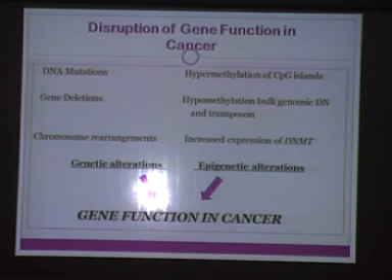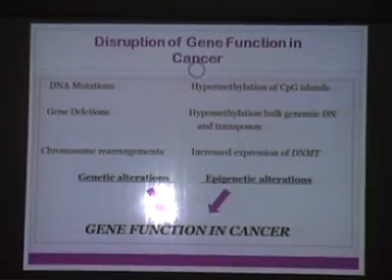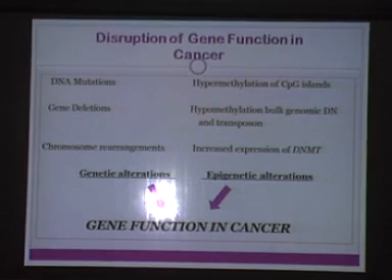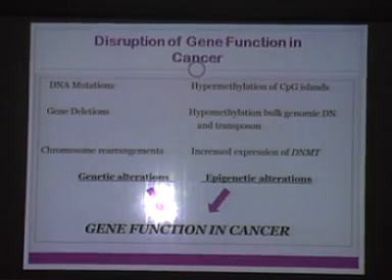Gene function in cancer can be affected by a change in the DNA sequence through DNA mutation, deletion, or chromosomal rearrangement, or through changes in methylation, either in the form of hypermethylation, which can lead to genetic instability and activate proto-oncogenes, or hypomethylation, which can silence tumor suppressor genes and can predispose to cancer.